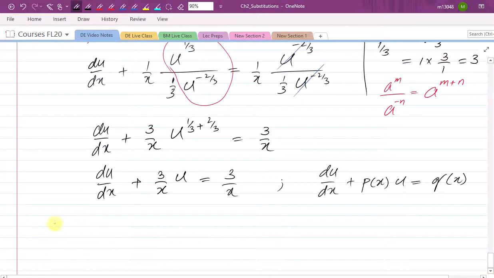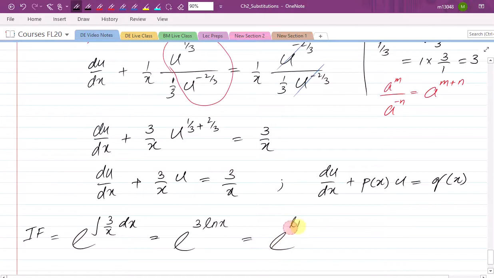Okay, so now we find the integrating factor: e power integral 3 by x dx equals e power 3 log of x, equals e power log of x cube, which is x cube.